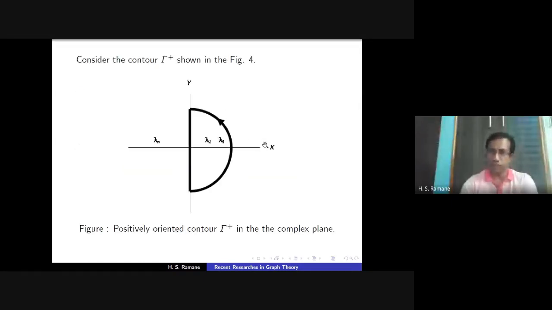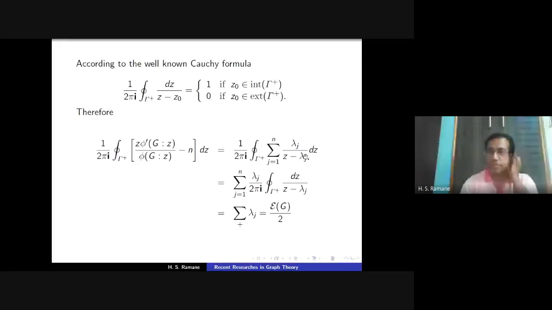So you'll get this one. Okay, so using Cauchy's formula, we get this summation of lambda z over the positive eigenvalues, and that is nothing but energy of G divided by 2. Okay, so energy of G is equal to 2 times this.